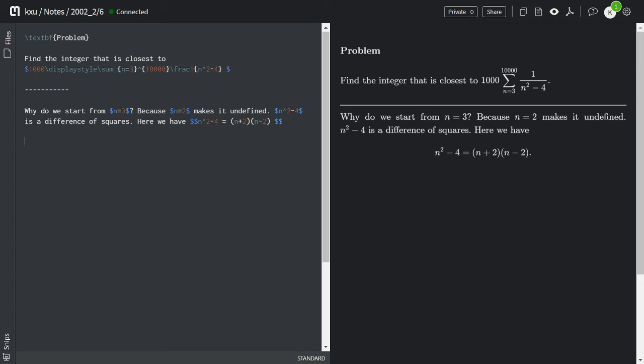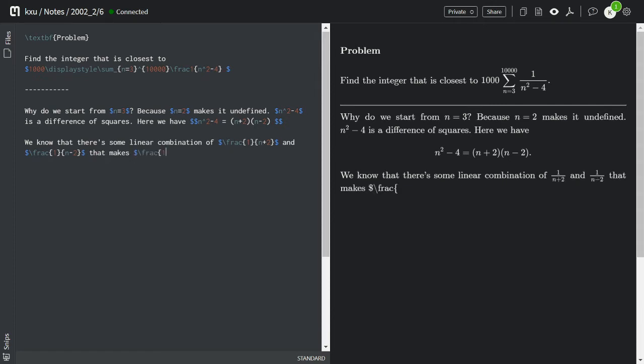But of course, for the purposes of this proof, we'll assume that we don't know this method. So we know that there's some linear combination of 1 over n plus 2 and 1 over n minus 2 that makes 1 over n squared minus 4.